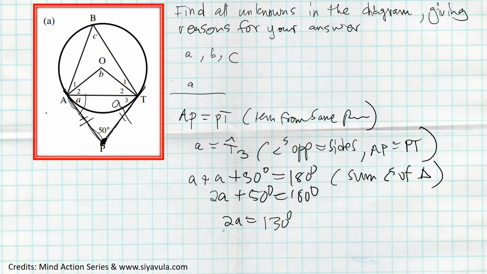To solve for A, we divide both sides by 2, so A will be 130 degrees divided by 2, which is 65 degrees. That's how we can use that theorem to solve for this unknown. I'm just going to put 65 degrees where there is A.